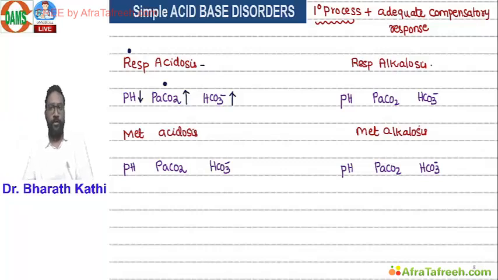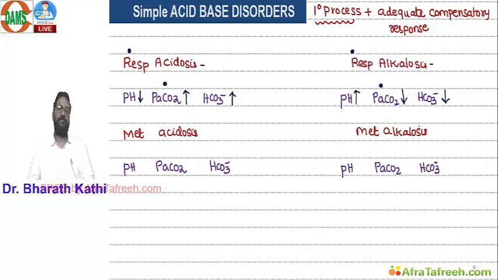Then, to call it alkalosis, pH will increase. To call it a primary respiratory phenomenon, the change should be in CO2. What happens in respiratory alkalosis? CO2 washout. For respiratory alkalosis, the compensation is metabolic acidosis.